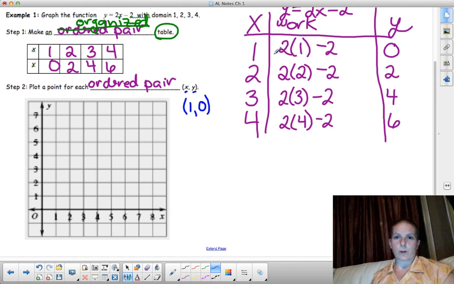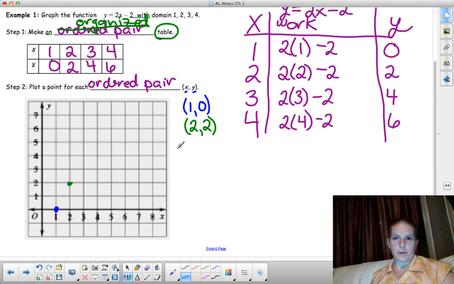So the first ordered pair, input of 1, output of 0. So height of 0. That's our first one. Our second point is the point 2, 2. An input of 2 and an output of 2.